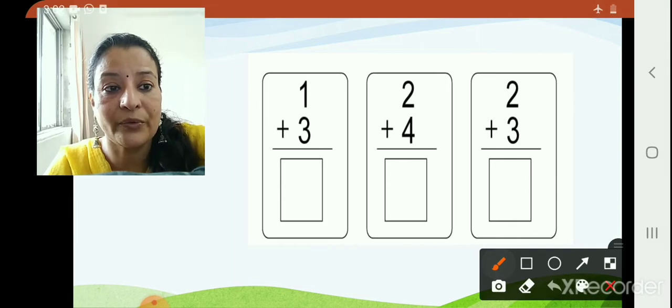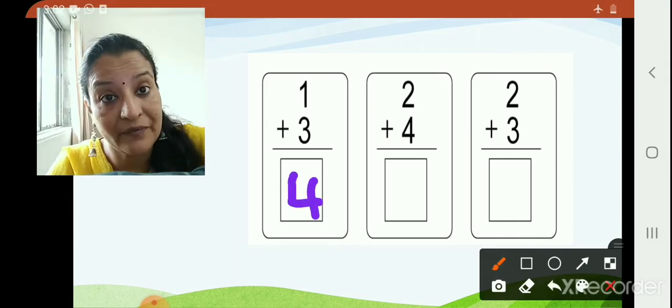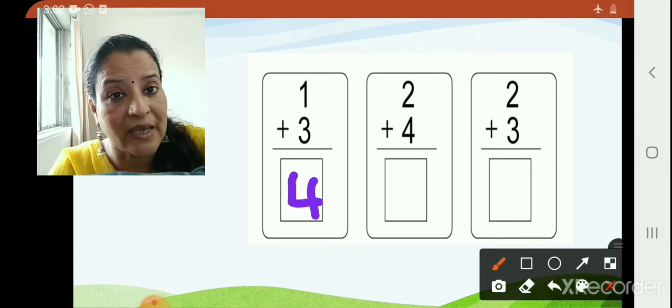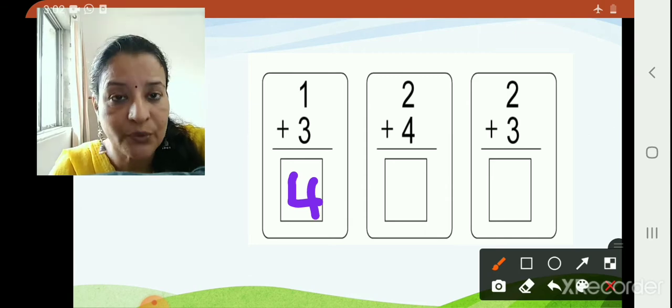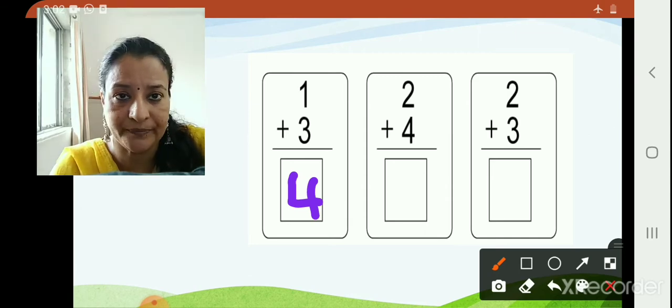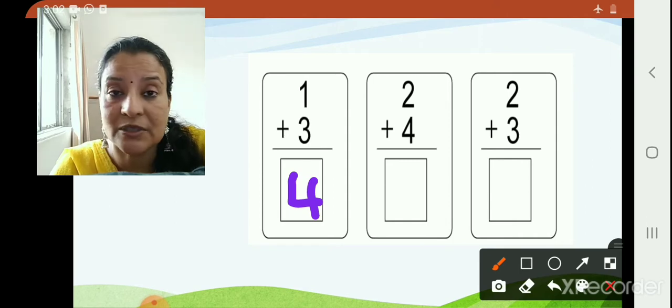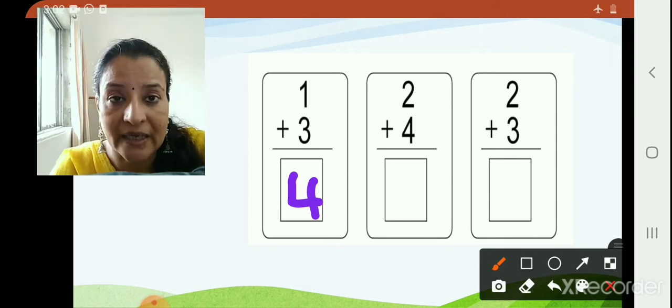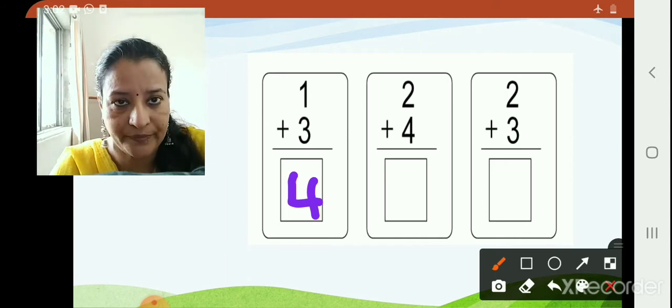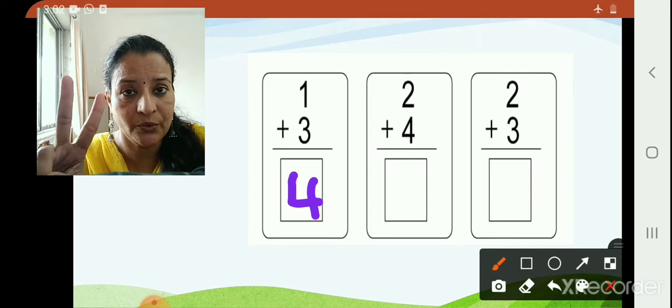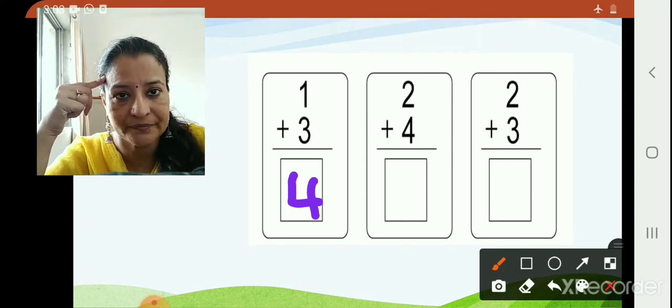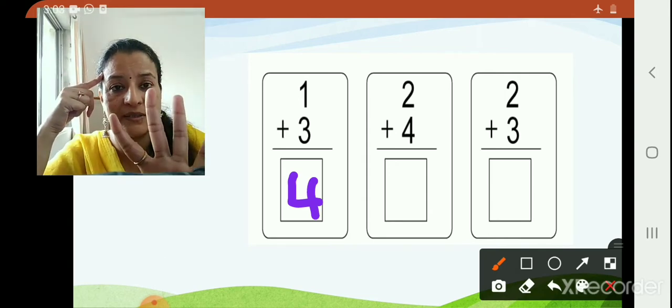Now how did we do that? Let us see one more example. What is the sum given here? 2 plus 4. Now tell me children, which is the first number you can see here? 2. And the second number is 4. So, you will say 2 in my head, 4 fingers up.